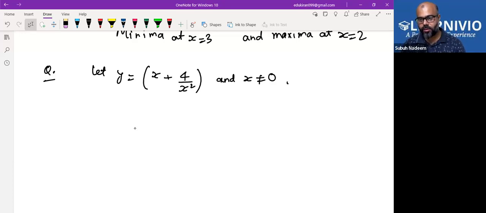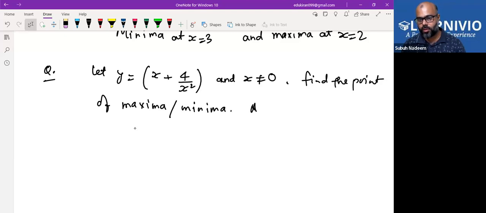Find the point of maxima and minima, and also find the value of the function at these points.